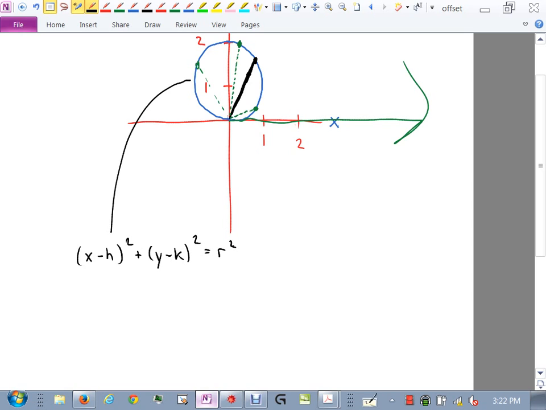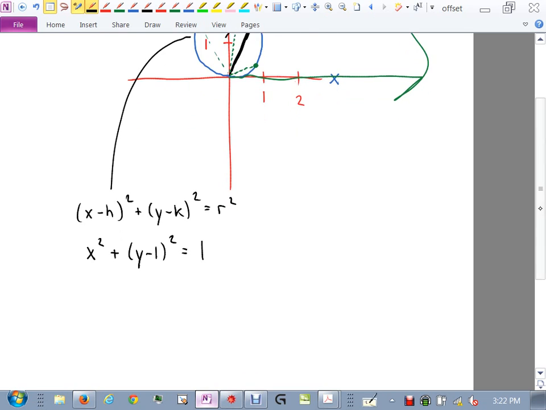That's a general equation of a circle centered at (h, k) with radius r. Where's our center? 0, 1. So I would plug in 0 here, so I get x squared plus, then what? (y minus 1) squared, and then equals 1. That's the equation in Cartesian.